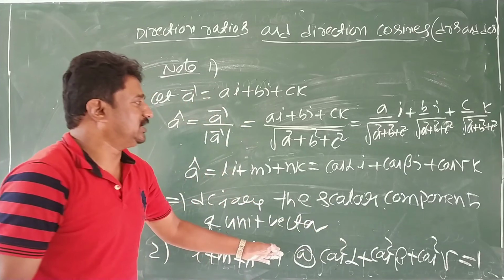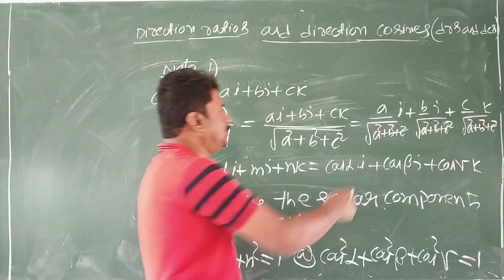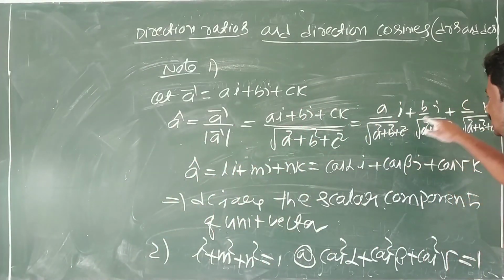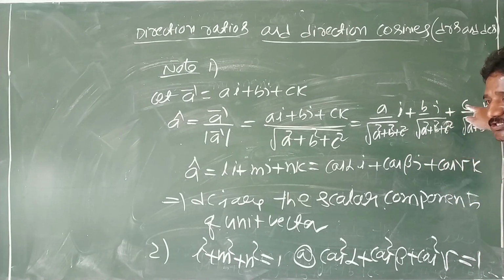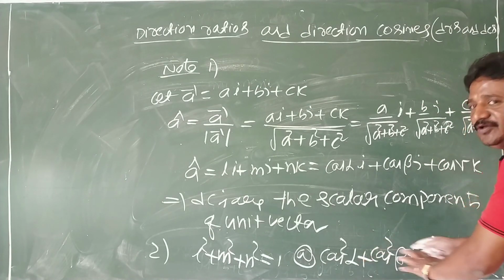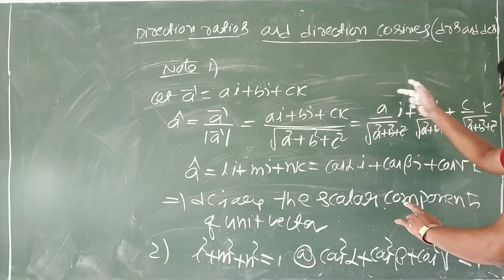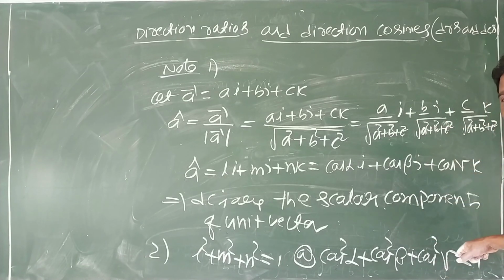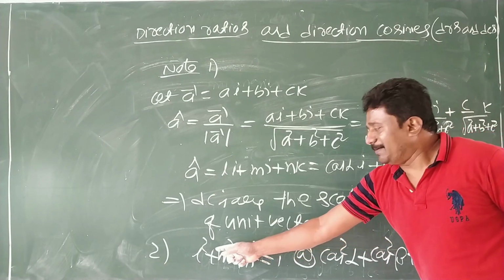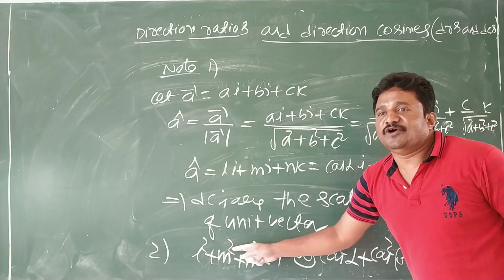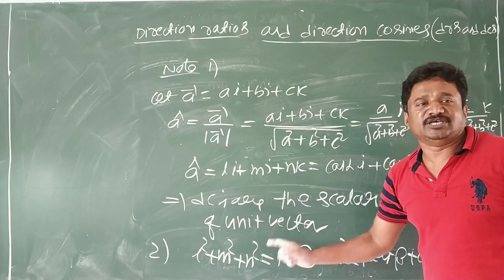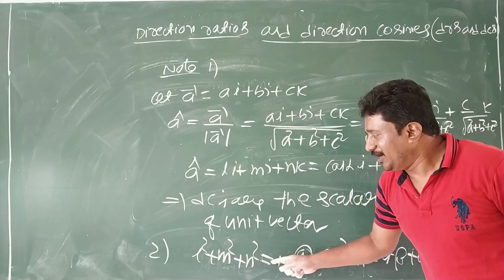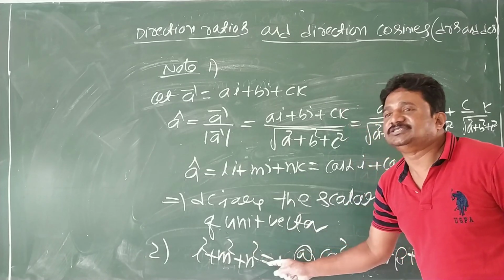You know cos alpha is A by this, cos beta is B by this, cos gamma by substituting this, surely you get 1. Same denominators, the numerators get cancelled. You get 1. Look at this, friends. The sum of the squares of DCs is always equal to 1.